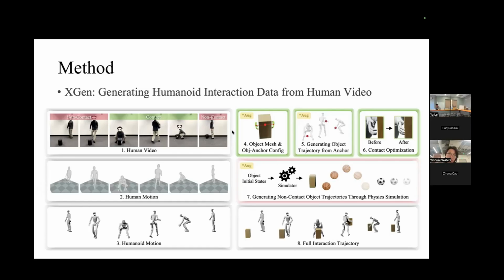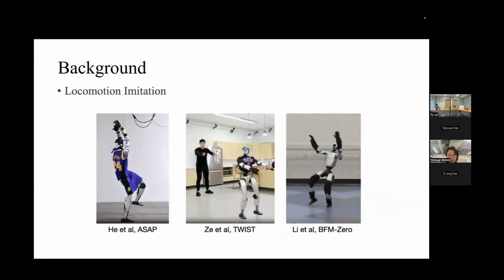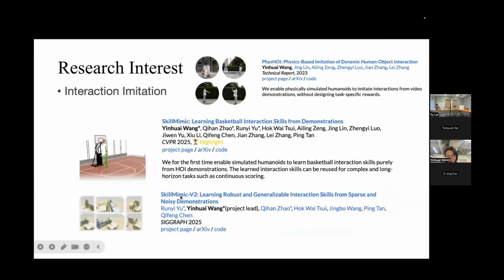In our previous works, in our SkillMimic V2, we also found that problem. That is, if you have very low quality interaction data, we can also learn the perfect interaction.